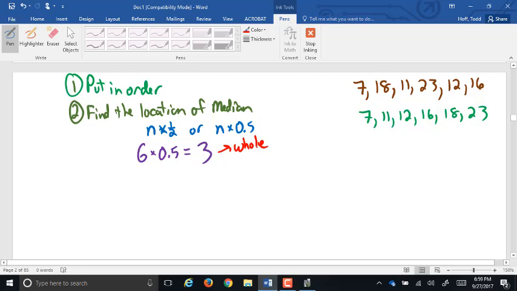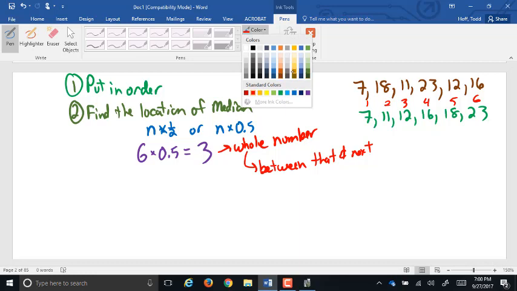Since that is a whole number, it means it is between that and the next location. So what do I mean by that? If I look at my data set, 1, 2, 3, 4, 5, 6, numbering them from smallest to largest, and the next, yes.